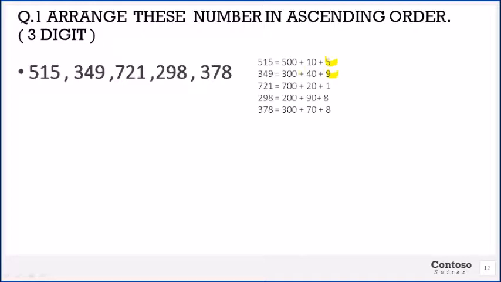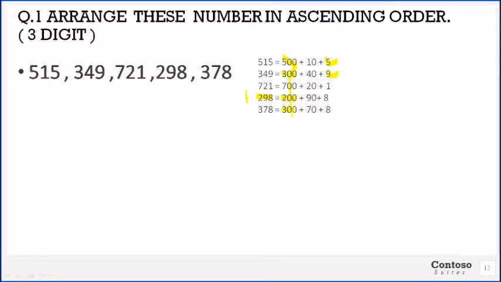Okay. So when we get these forms, what step do we take? We have to first focus on the hundreds position. Here, in the hundreds position, among 500, 300, 700, 200 and 300, we know 200 is the smallest one, so this whole number is the smallest and will come in the first position. Except 200, among 500, 300, 700 and 300, the same number is coming, that is 300 and 300.